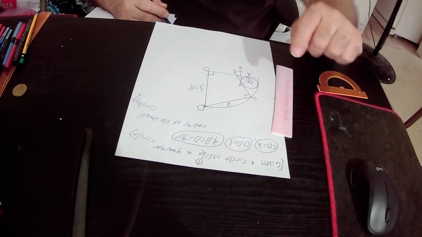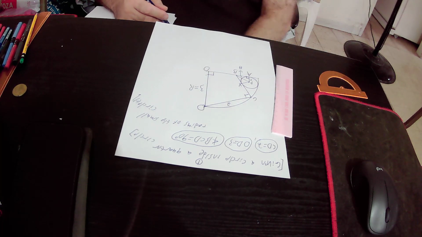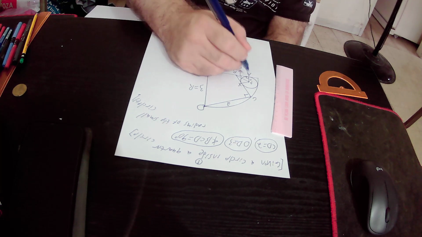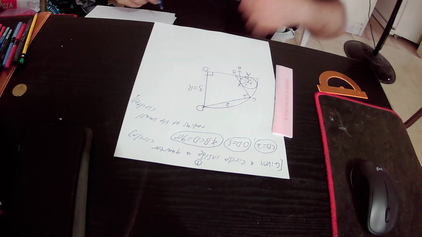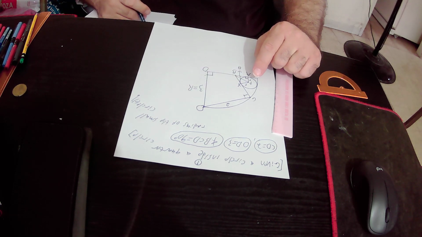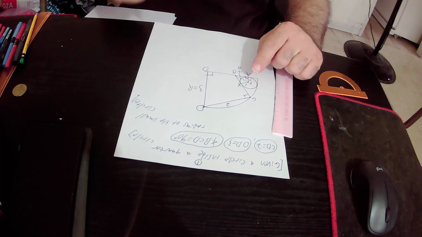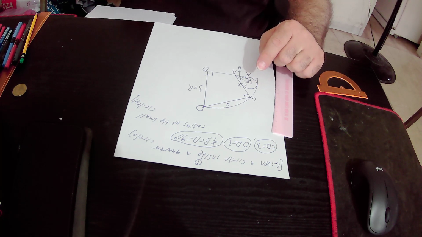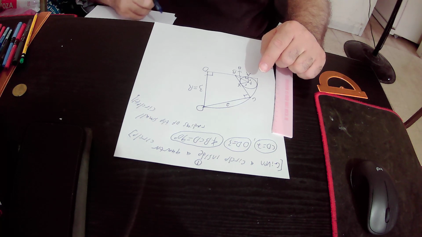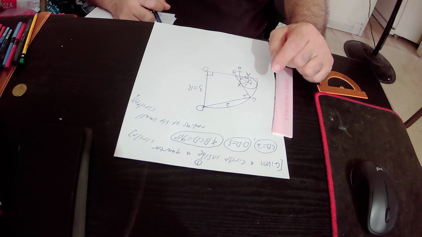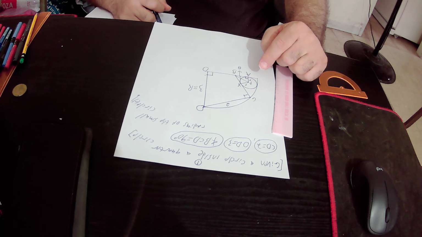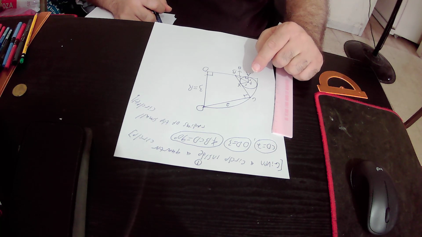Actually, PX is also the radius of the small circle. We'll mark it as r because PX starts from the center of the small circle and ends at point X, that is a point on the small circle itself. Therefore, PX is the radius of the small circle. In the next step, I will prove that triangles APB and PBX are congruent to each other.